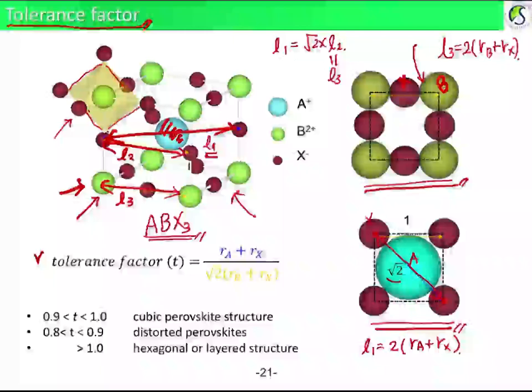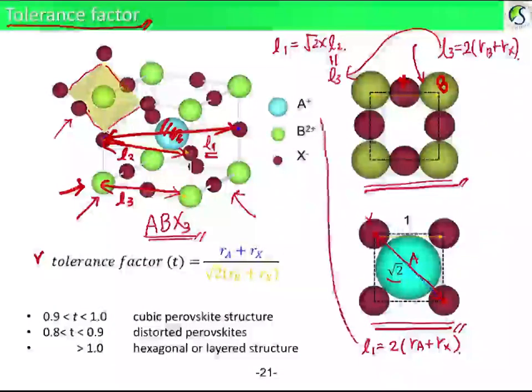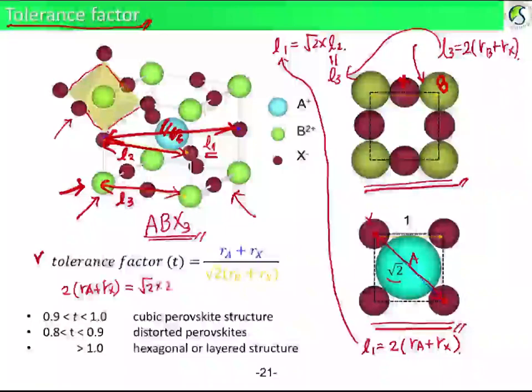So if we plug in this L3 and L1 here, then we can get the relationship between each ionic radius. So if I rewrite here, twice times (Ra plus Rx) should be root 2 times twice times (Rb plus Rx).